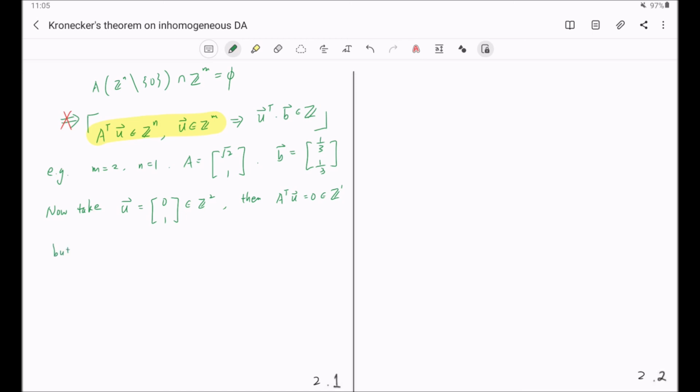But UTB, what is UTB? This is equal to 1/3, is not an integer. So this statement fails.